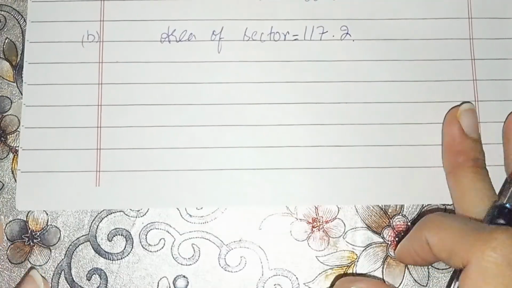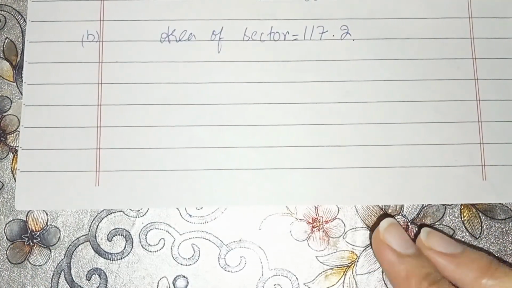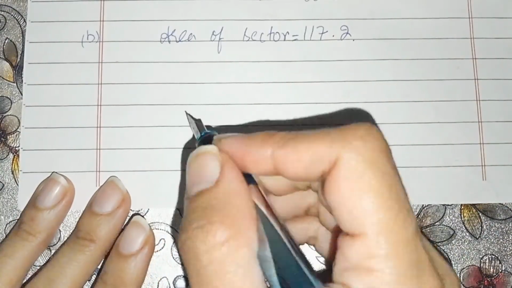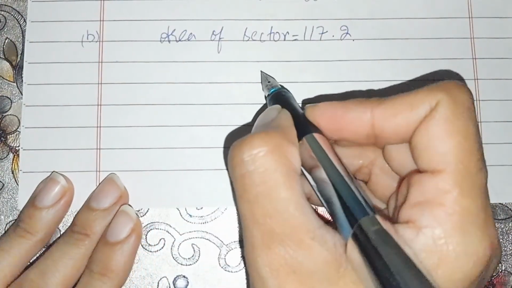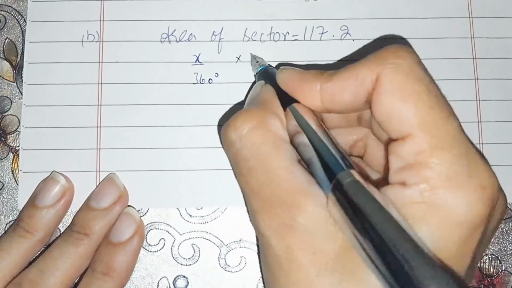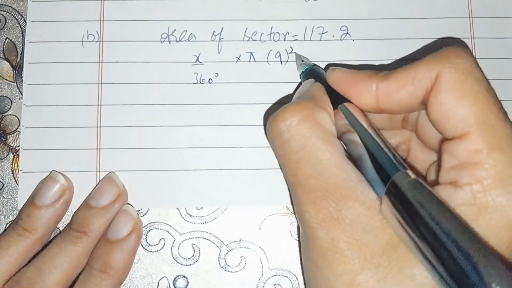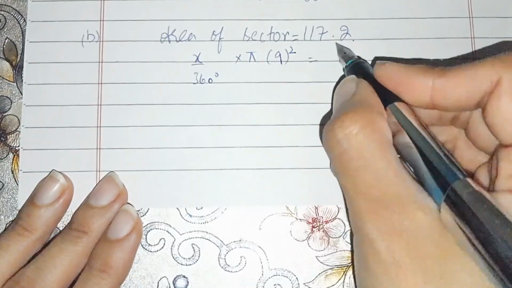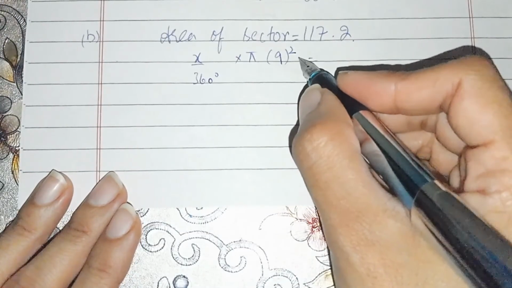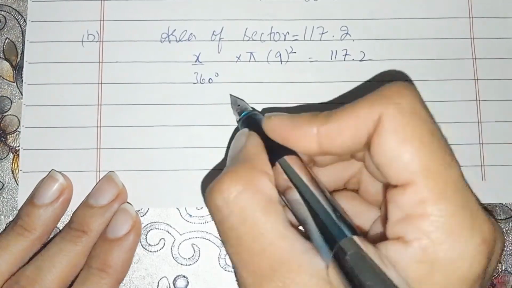Now students, in part number B, the area of sector is 117.2. In these questions only the area changes, and you know the formula of area is x over 360 degrees pi r square, and you also know r is 9, so 9 square, and 117.2.